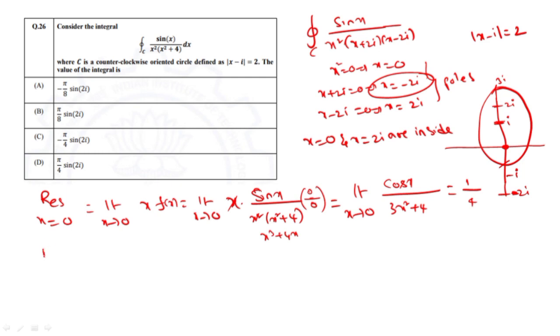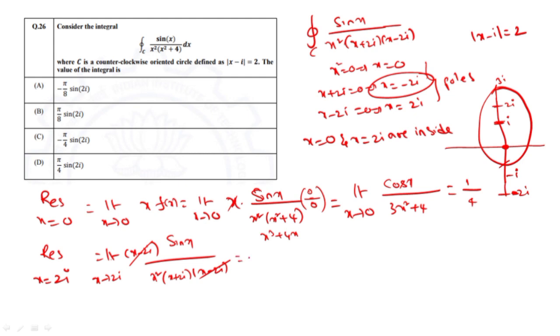Now residue at x equal to 2i, limit x tends to 2i of x minus 2i into f of x, which is sin x by x square into x plus 2i into x minus 2i. This will get cancelled. So this is also 0 by 0 form, and denominator here x cube plus 2ix.